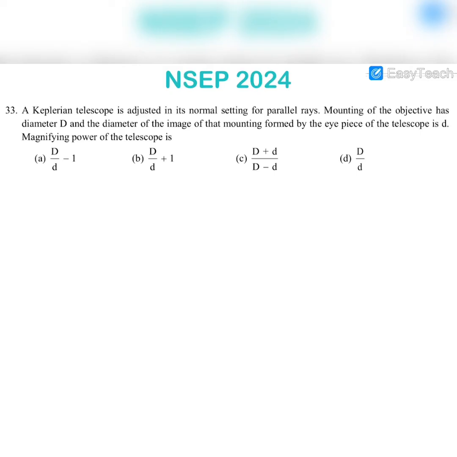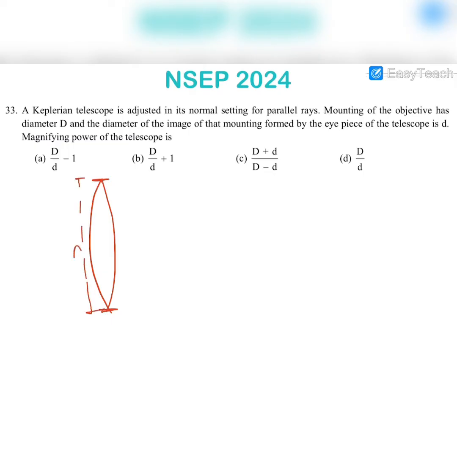In this question, you can see that there is a Keplerian telescope that is adjusted for normal setting for parallel rays. Now normal setting means that the final image is at infinity. Now it is given that the mounting frame of the objective lens, let us suppose that this is a mounting frame on which this lens is mounted, has a diameter of d.